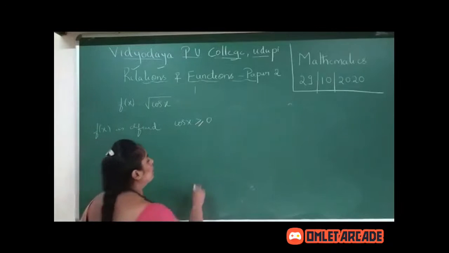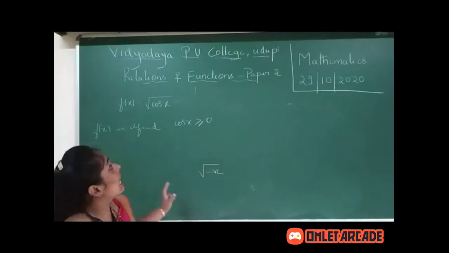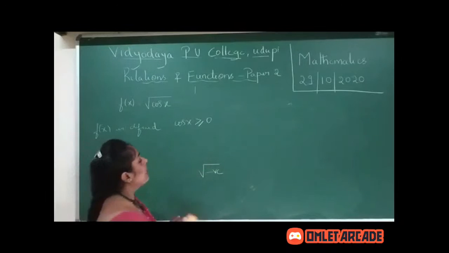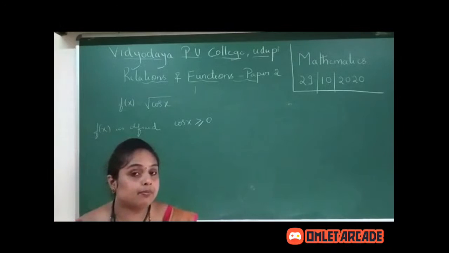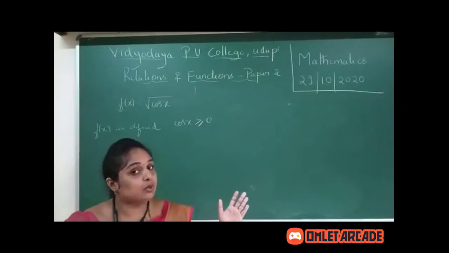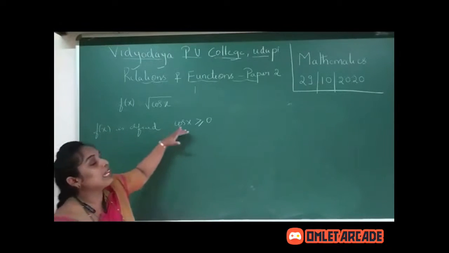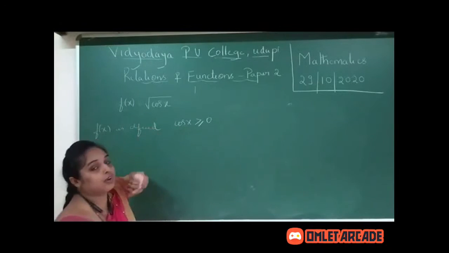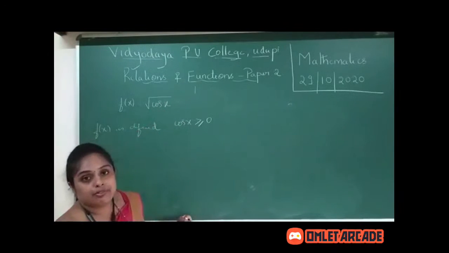Root of negative is not defined. I can get the value of cos x as negative because the range is minus 1 to plus 1, but I want only positive values for root of cos x.